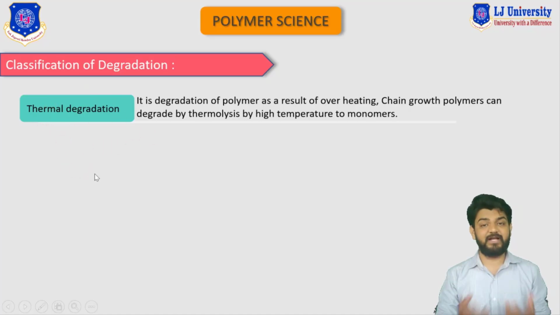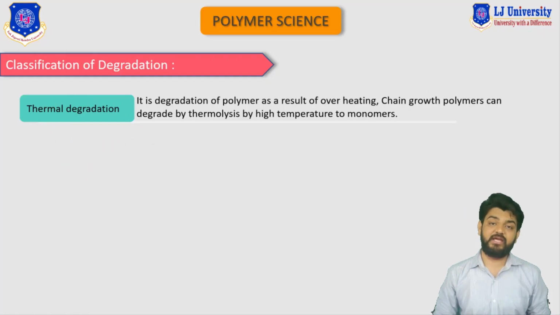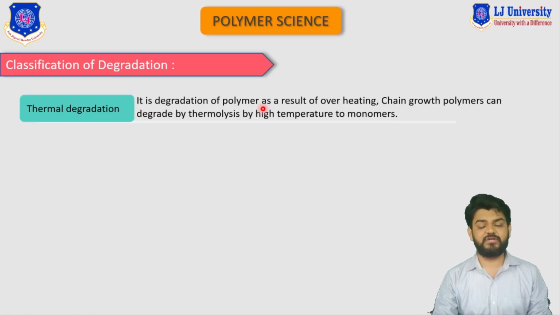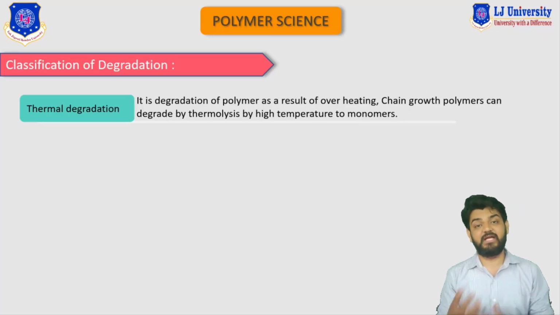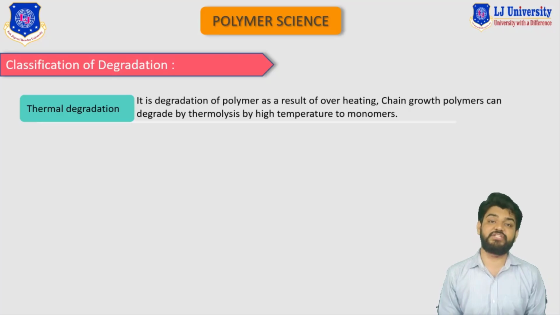Thermal degradation is the degradation of any polymer when it is exposed to heat, as a result of overheating. Whenever the polymer receives more heat, that is, it is overheated, it will degrade, and that can be referred to as thermal degradation.